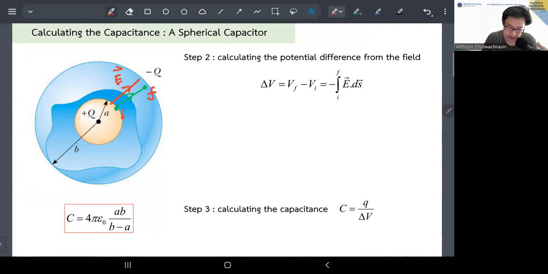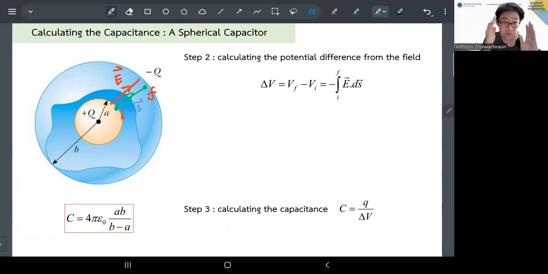I know that my displacement vector is going to point, can you see it? It's green, it's hard to look at the ds. The ds, the displacement vector, and the electric field vector will be parallel to each other. By walking from the positive charge to the negative charge, I'm walking downhill, going from high potential to a lower potential, a more negative potential value.